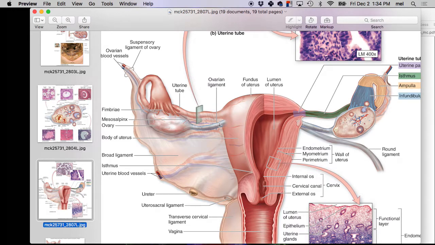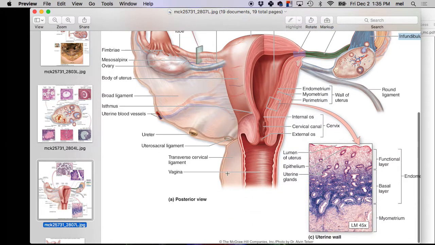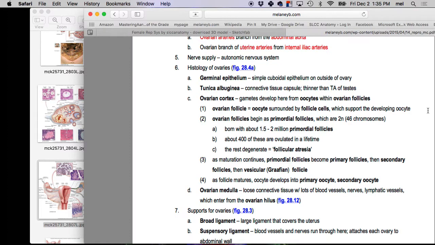Then there's this ovarian ligament that goes ovary to uterus. This is not a tube, it's just a ligament holding them together. And then there's this big broad ligament that's behind and holding on to the uterus and the ovary. And while we're at it, there's another ligament down here that's primarily the end of the uterus and the vagina, and that's called the cardinal ligament or transverse cervical ligament. So that's basically how the ovaries are sitting there.